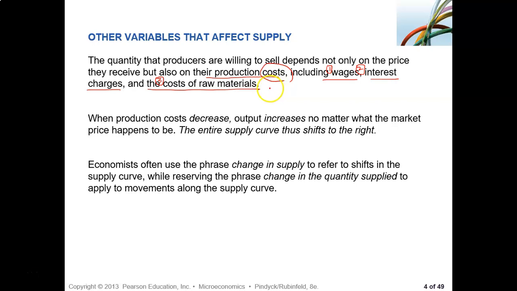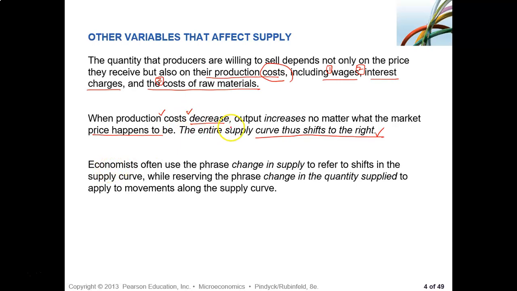If cost of production decreases, but all the other factors remain unchanged, remember ceteris paribus, the supply curve will shift to the right. When production costs decrease, output increases no matter what the market price happens to be. As we said, for any different price, when the cost decreases there is an increase in supply, so the supply curve will shift to the right.